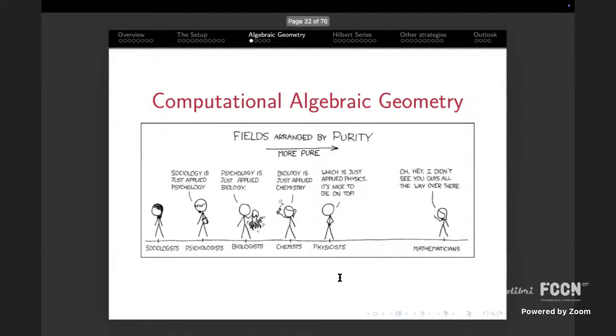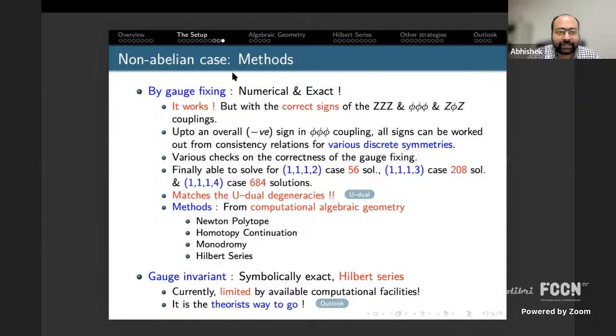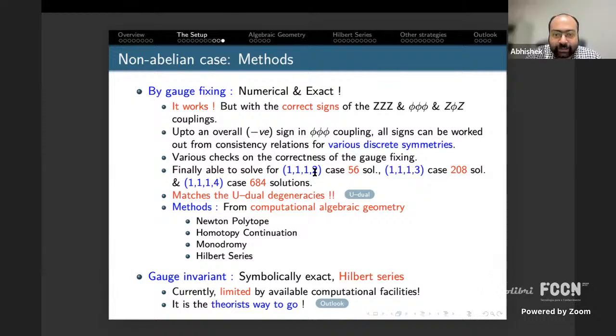Sorry again. Here you are changing one of the D2 brane charges? Yeah, so in the non-abelian cases, let's say this 1112, because it is 2, this is a non-abelian charge. So the number of D-branes is 2 here, right? The last charge is the D6 brane, so the number of D6 branes is 2.